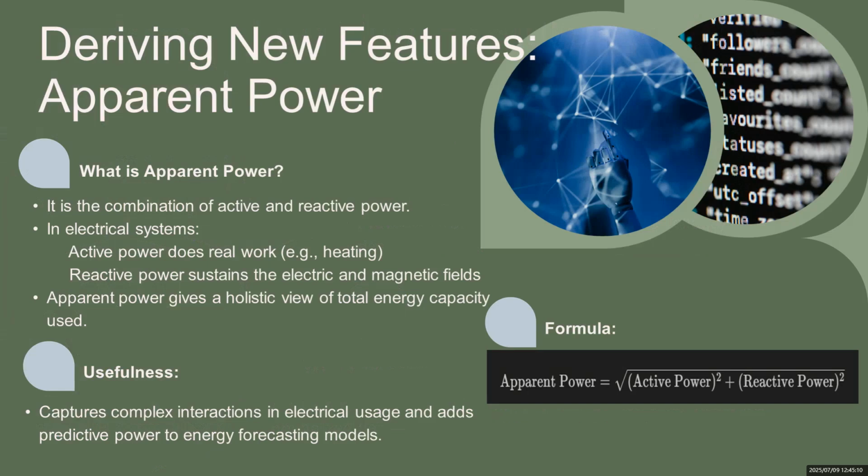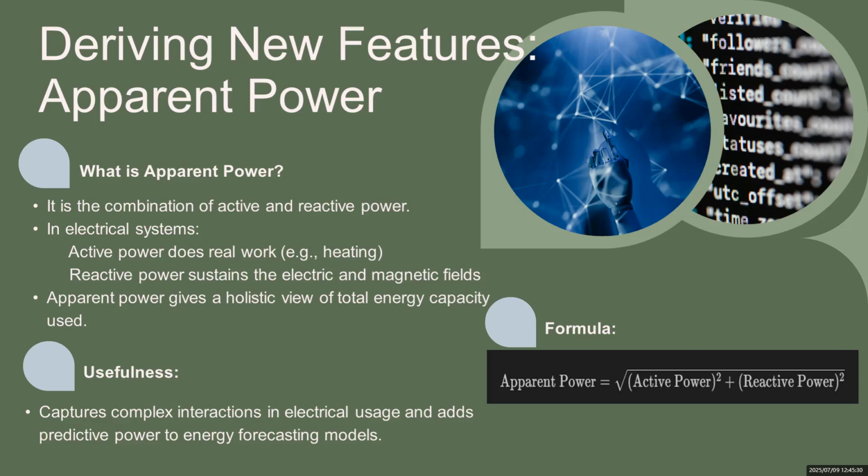Now, if we look at apparent power, in this case, it's the combination of active and reactive power. In electrical systems, active power does the real work, e.g., heating, and then the reactive power sustains the electric and magnetic fields.